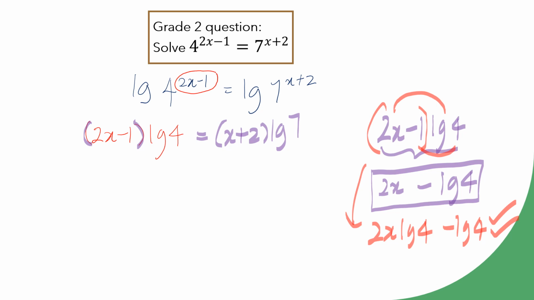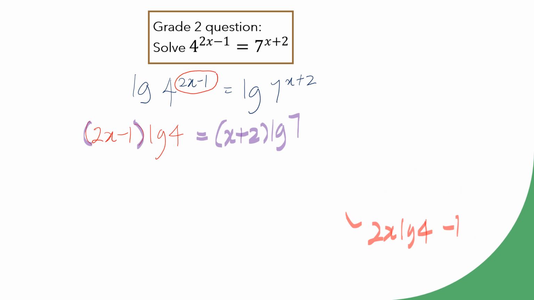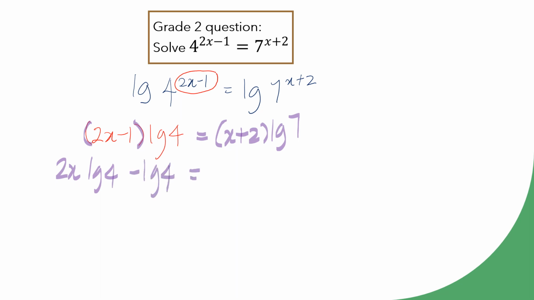From here, there are two ways of doing it. One way is you open up the brackets. Which means you will have 2x times log 4 minus log 4 equals x times log 7 minus 2 log 7. And then you bring all the x terms together.